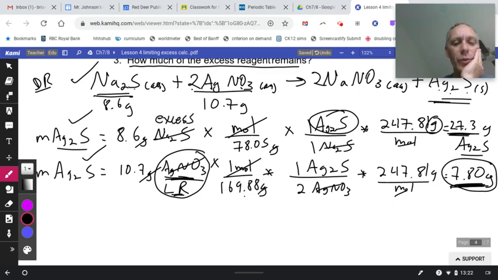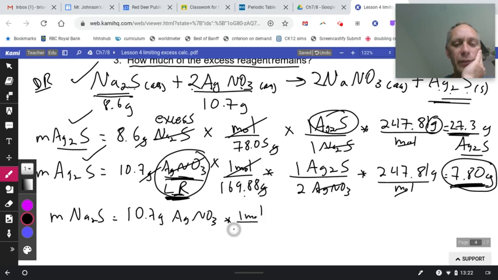So how much Na2S was used up? Okay, we figure it out using the limiting reagent. So we'll start it again. So what is the mass of Na2S that reacts? Start with the one that we know is all used up, 10.7 grams of AgNO3 times its molar mass.